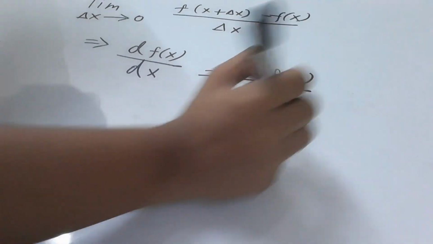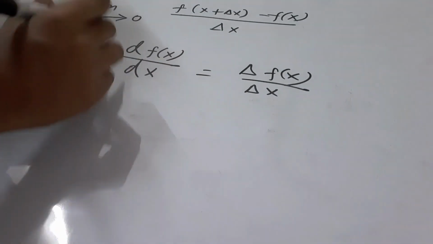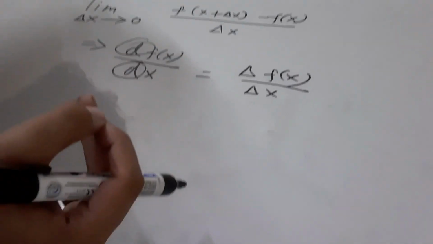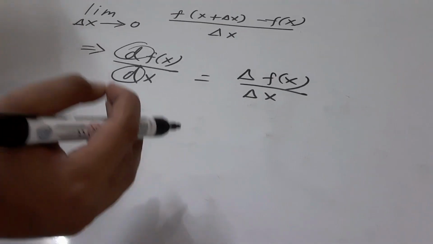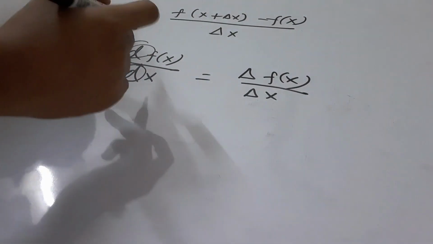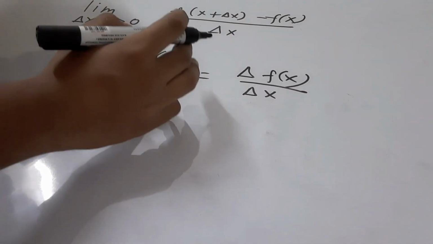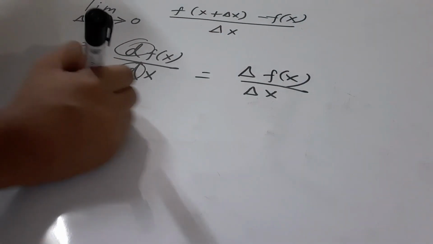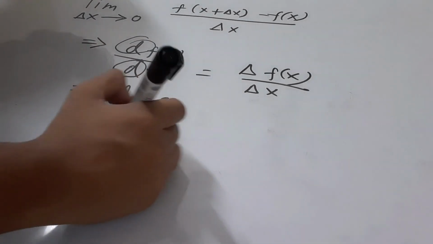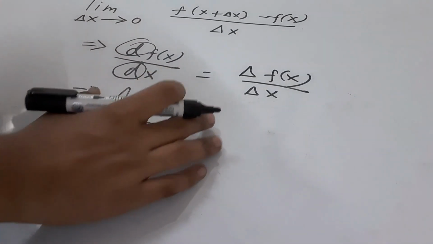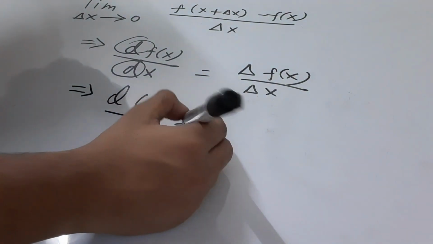Delta means change, but d means a very small, infinitesimal change, a change so small that it's almost 0. So what we just concluded is that d of x squared upon dx, the change in the function x squared upon an extremely small change in x, is equal to 2x. That is what we just proved.